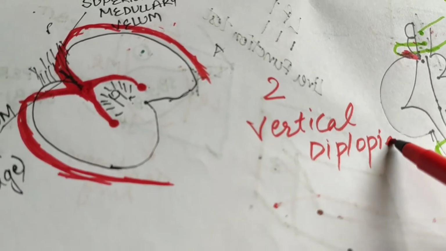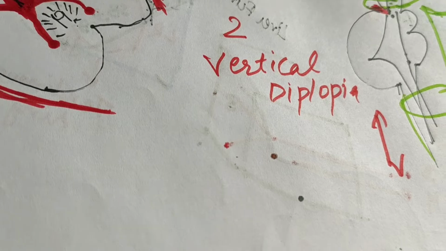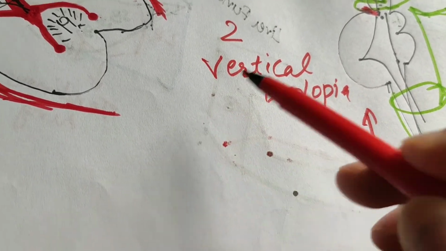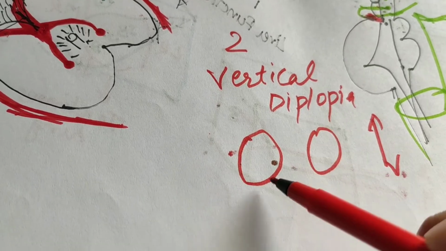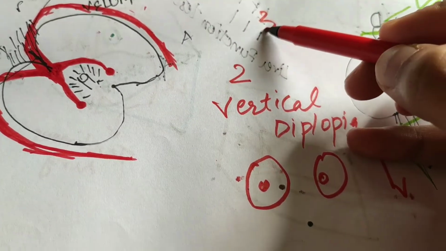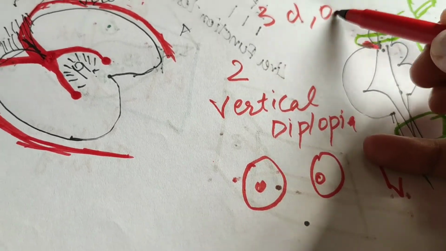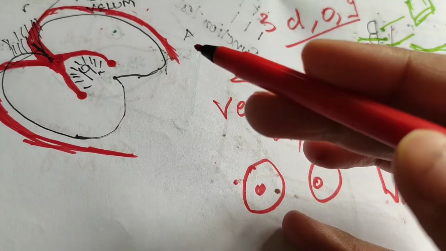What happens in vertical diplopia? As we know, the fourth cranial nerve has three functions: down, out, and intort.